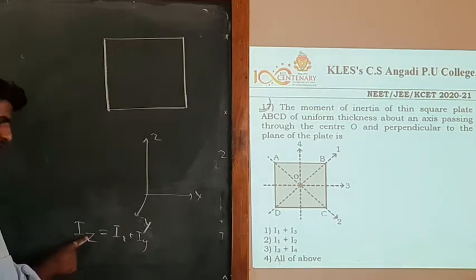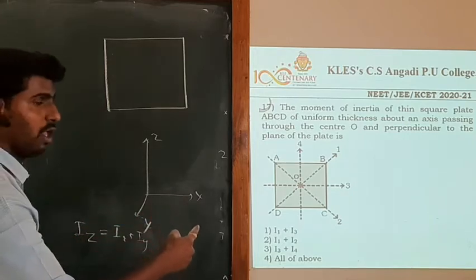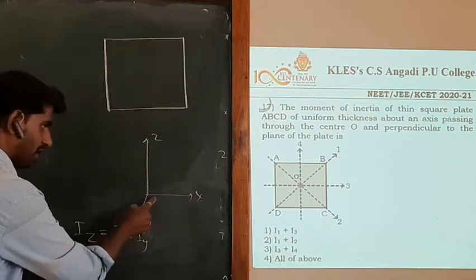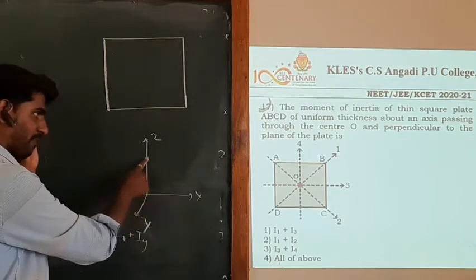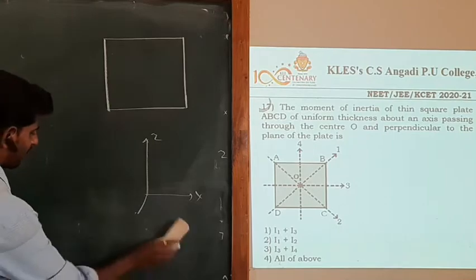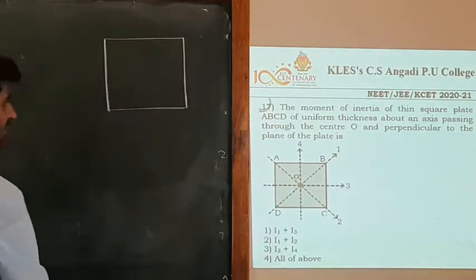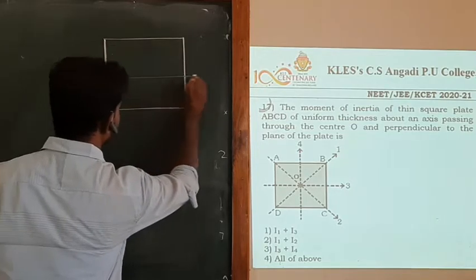Iz, which is perpendicular to Ix and Iy, is equal to the sum of the remaining two mutually perpendicular coplanar axes. So y and x are in the same plane, and z is perpendicular, so the sum of these two is equal to the moment of inertia along the perpendicular axis.